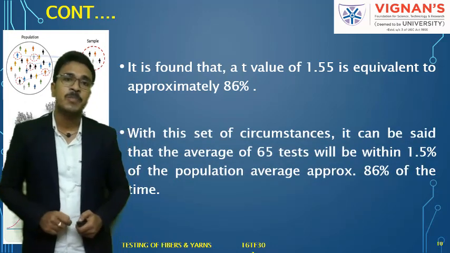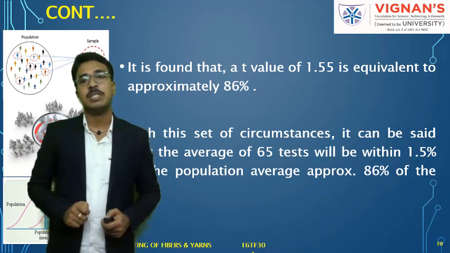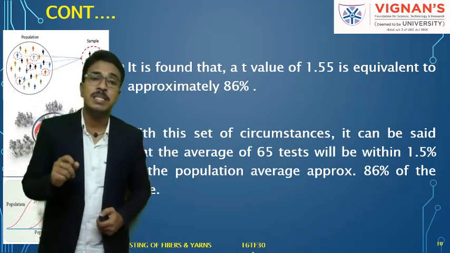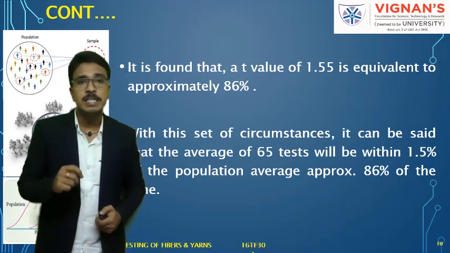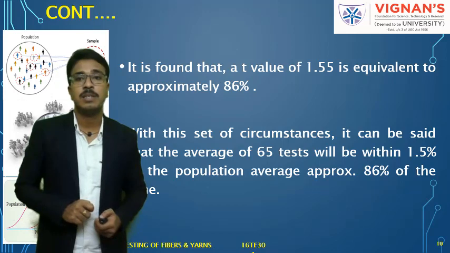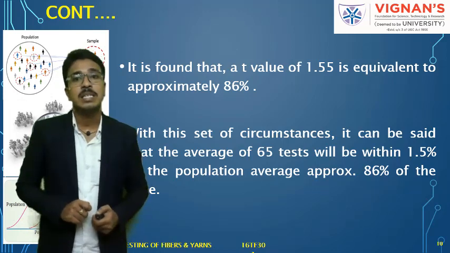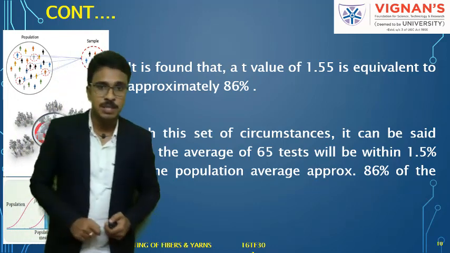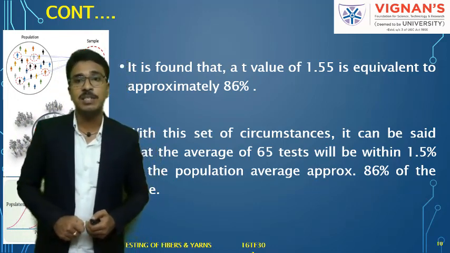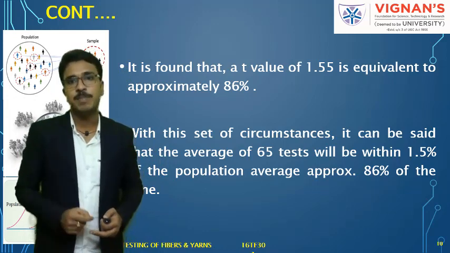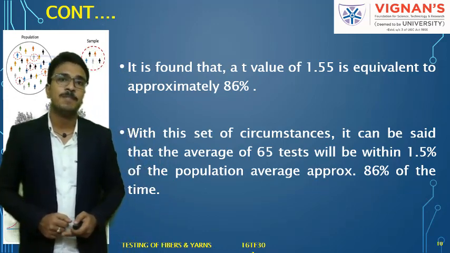That means with this set of circumstances, it can be said that the average of 65 tests will be within 1.5 percentage of population average, approximately at what probability? At 86 percentage of probability.